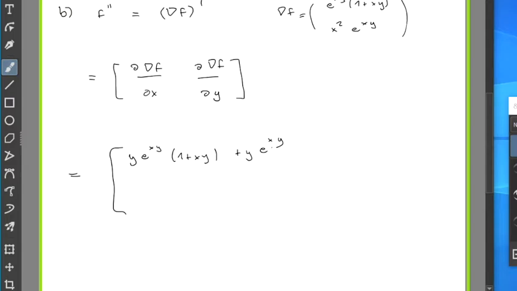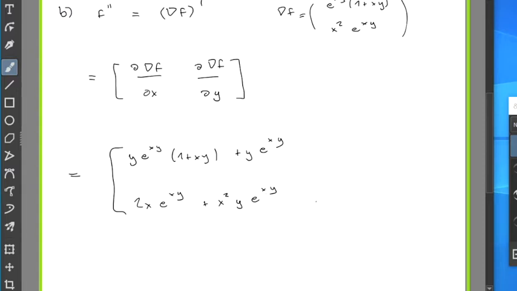So that's that. When we derive this term with respect to x, we first get a 2x here. And then we let that stand and derive this thing with respect to x, then we get y e^(xy). So the total term is x² y e^(xy).